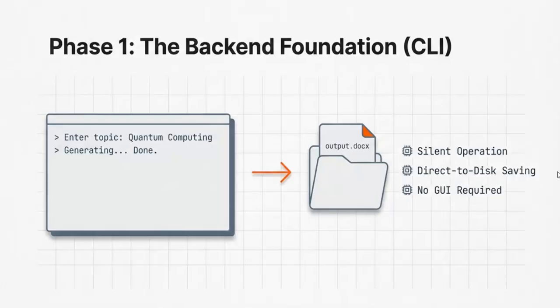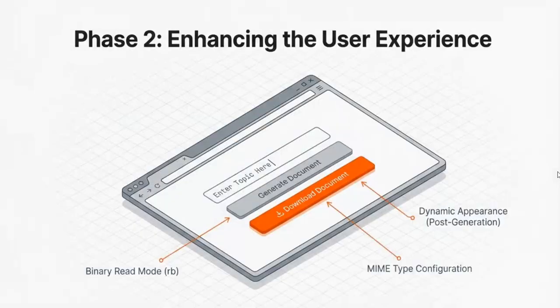Now there'll be two phases, and first is going to be the backend foundation, in which we are going to make all the code for creating this document. And this is also going to, as I said, directly make it download the file into the disk without requiring Streamlit. That is one way we are going to do the project. Then there's also going to be a bonus video in which we'll use Streamlit to make a UI interface as well.